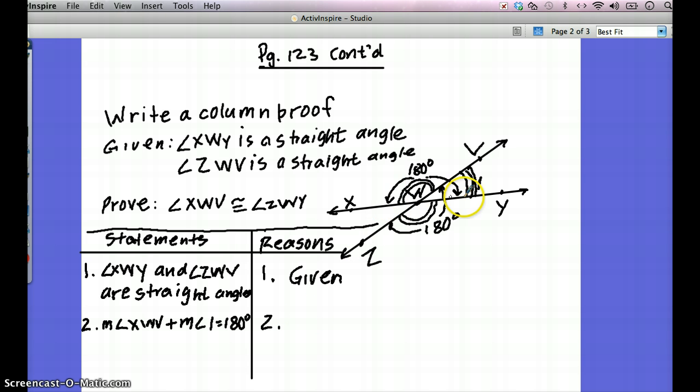Well, if we got a straight angle here, we know it's 180. So if we add these two up, this angle plus this one, we get 180. We could call that the angle addition postulate. Angle addition postulate.